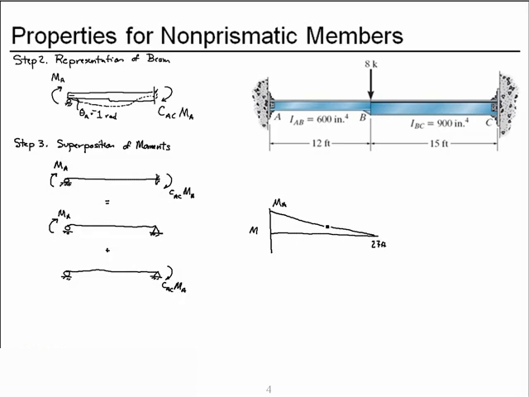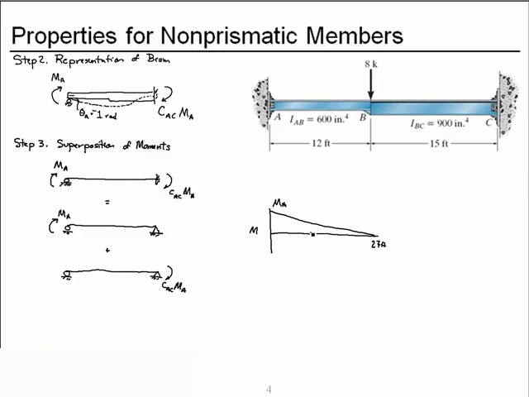And I know it has to be linear because there's no distributed load, so the shear diagram must be constant, and if the shear diagram is constant, the moment diagram must be linear. I know it starts with the positive jump of MA, I know it has to be 0 at this pinned end, and so it decreases as such.